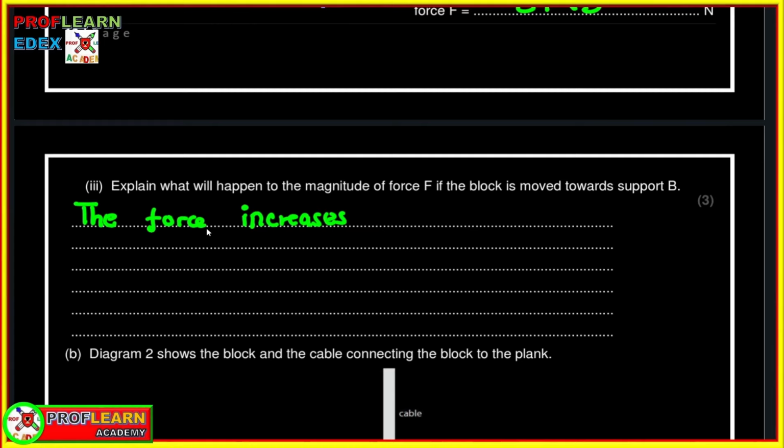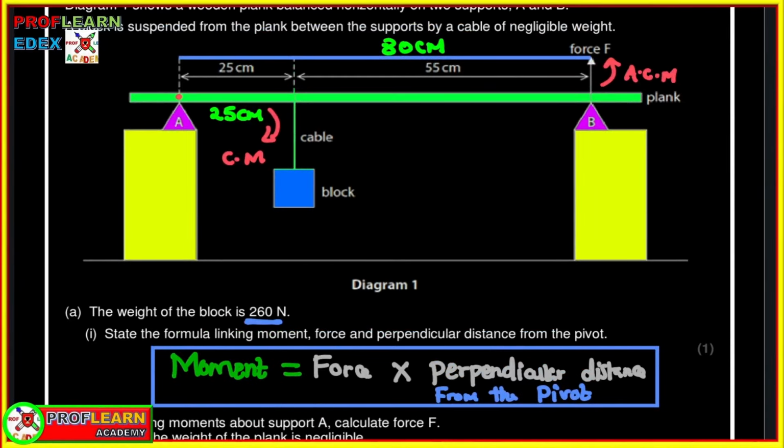If the block is moved towards B, it means the distance from the pivot A to where the block is will be larger. We have it here now, but if we move it that way, we're going to have a larger distance from A. So the clockwise moment is going to be larger, then it means the force F must increase to balance the clockwise moment.